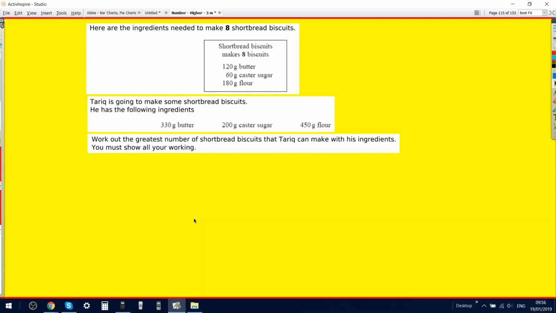So if 120 to 180 can make 8 shortbread biscuits, do you have to divide that by 8 to get how much one shortbread biscuit would be, and times it by whatever to get how many altogether?